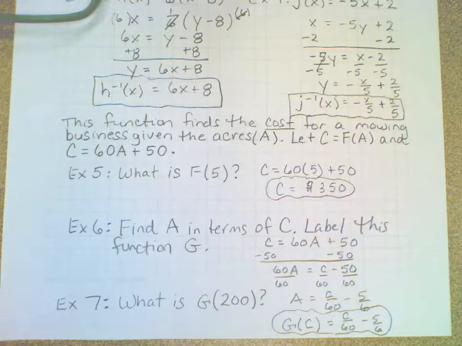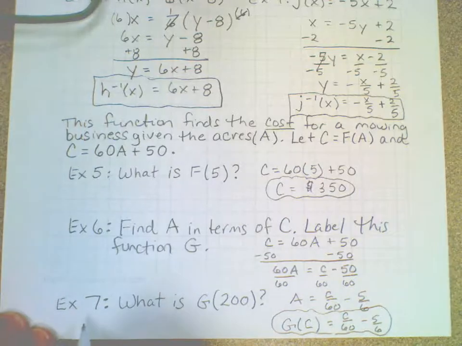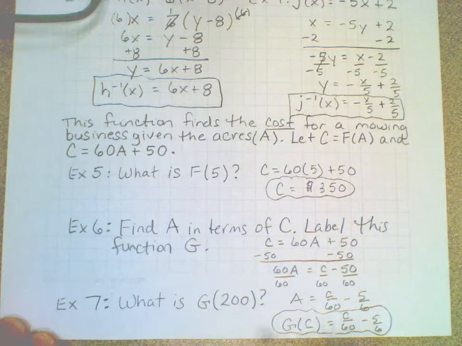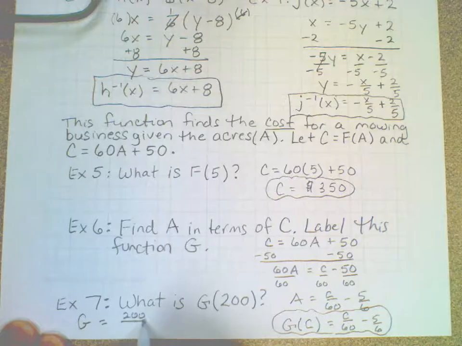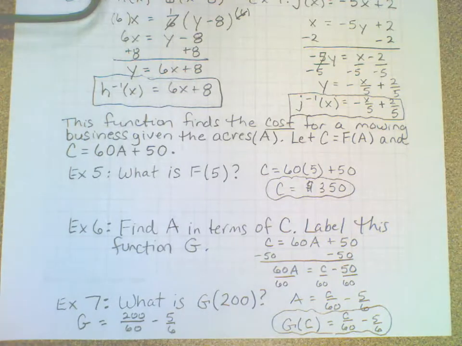So what's G of 200? So I'm going to plug a 200 in for the cost. And then I'm going to use this formula. And so you can use your calculator for that. Just do 200 divided by 60 minus 5/6. That's 2.5.